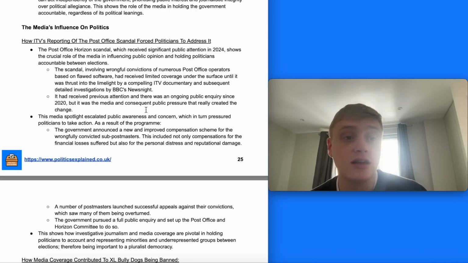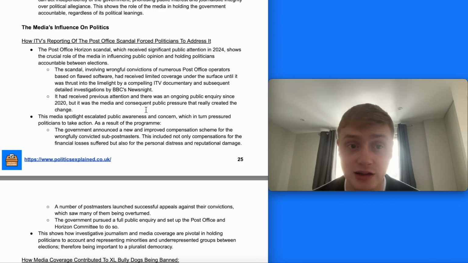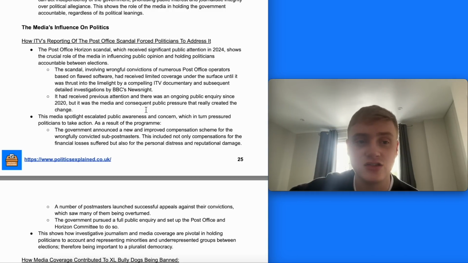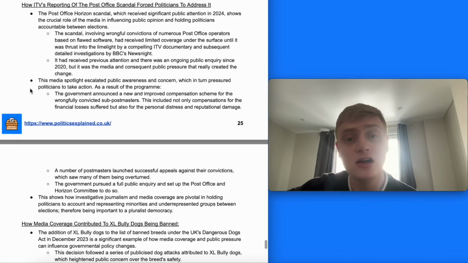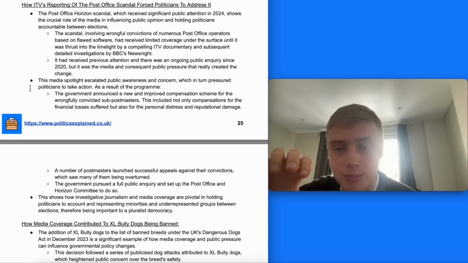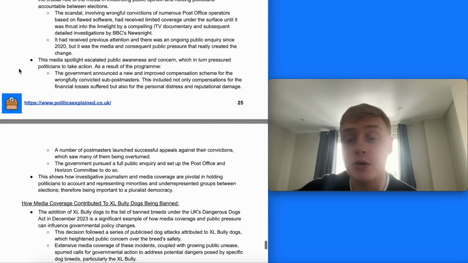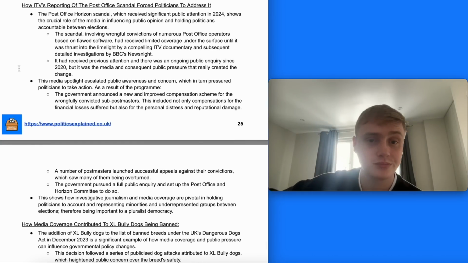So effectively, the Post Office Horizon scandal involved wrongful convictions of numerous post office operators based on flawed software, and it received limited coverage under the surface until it was thrust into the limelight earlier this year by a compelling ITV documentary and subsequent detailed investigations by Newsnight. So it had received previous attention, and there was an ongoing public inquiry, but this media attention and public pressure as a consequence really created change and influenced policy by putting pressure on the UK government.